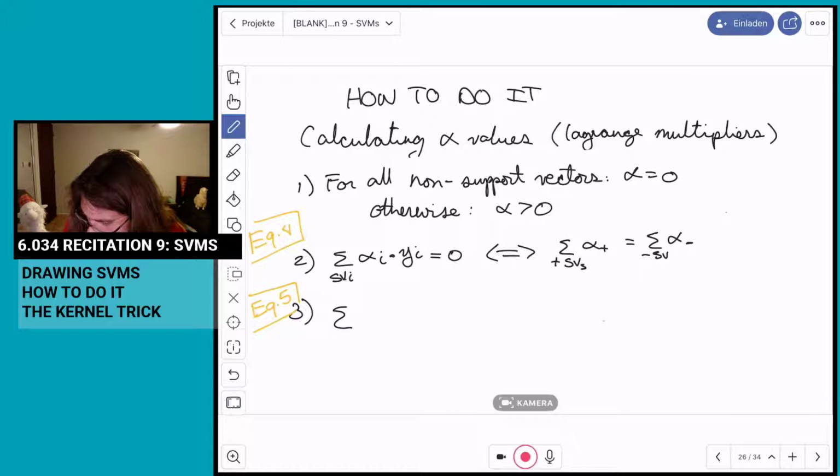The sum over the support vectors i of the alpha value of that support vector, times the classification of that support vector, so far the same as the above one, times the coordinates, or the vector, of that support vector.